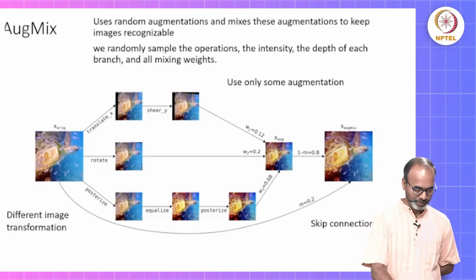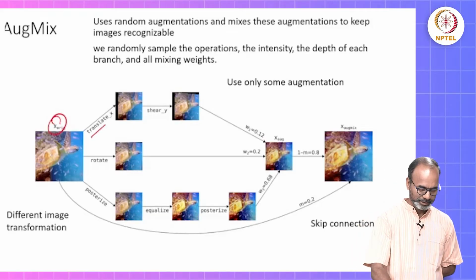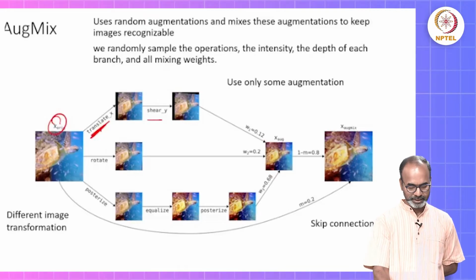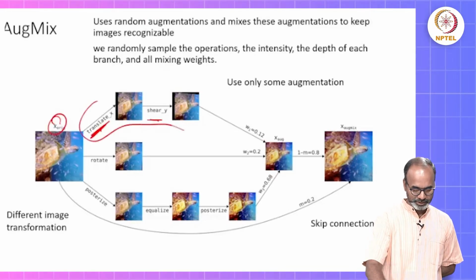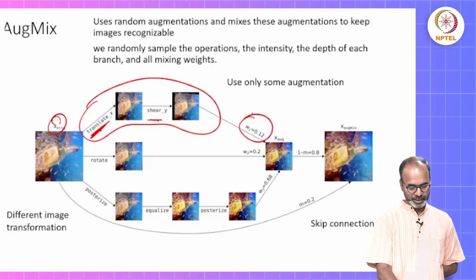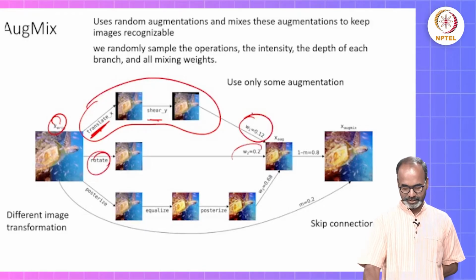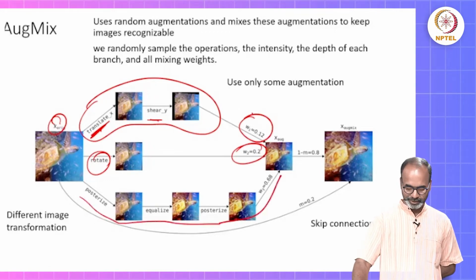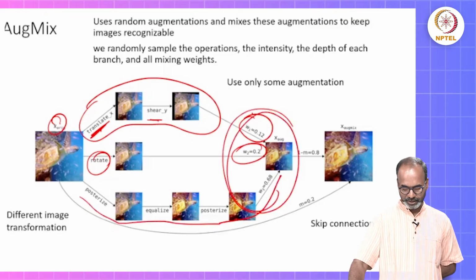So if you look at it here, that's the original image, some translate happens, some shear happens, and then the weight for these two put together is also decided, 0.12. This is the image, and then some rotation happens. That is given a 0.2 weight. Posterize, equalize, posterize, and then a weight. All these weights are put together, all of them sum to be 0.8.